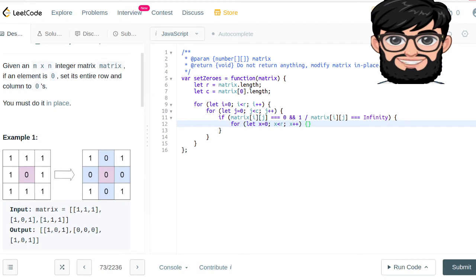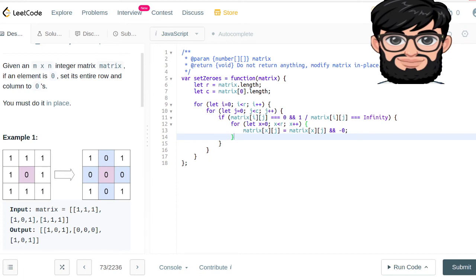So basically we are traversing through the whole column. In order to do that, we keep our column constant, so matrix of x and j is equal to matrix of x and j, and minus 0. So basically we are ending it with minus 0.